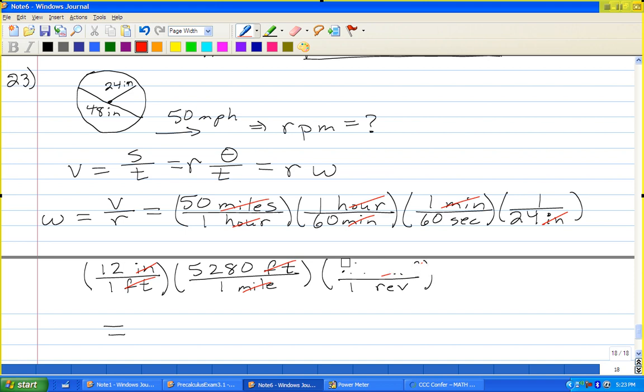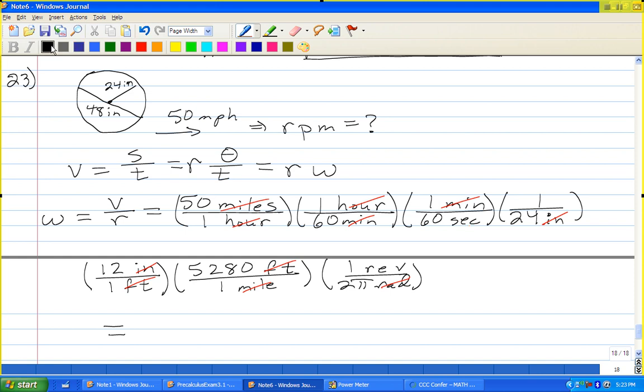So I did it wrong. Revolution in 2 pi radians. Because this was given in radians, so I got to cancel the radians. And so now that gives us revolutions per second.